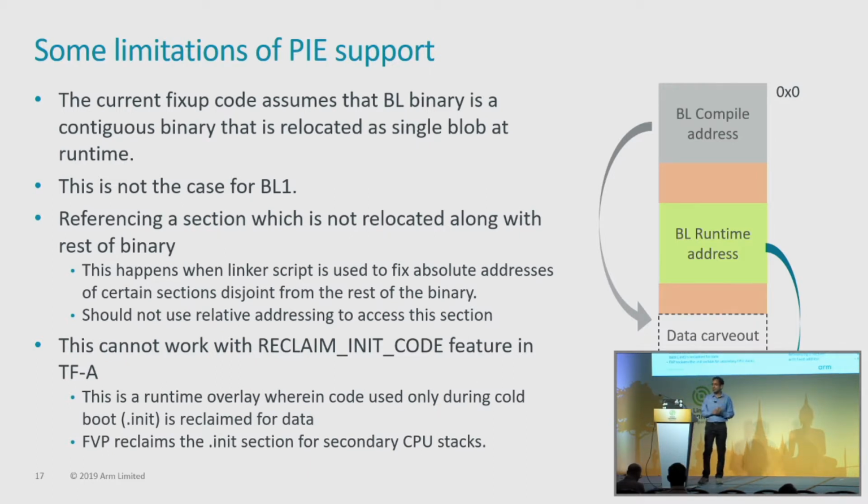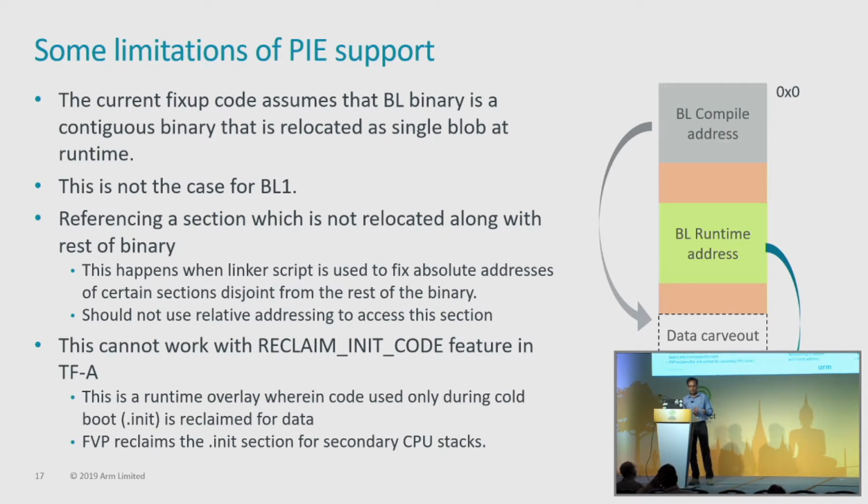As shown in the picture on the right-hand side, when you compile, your binary generates relative addresses to a data carve-out which is fixed in memory. And at runtime, when you move it, your binary also assumes that the carve-out has moved along with the binary, but that is not the case, so that goes wrong.